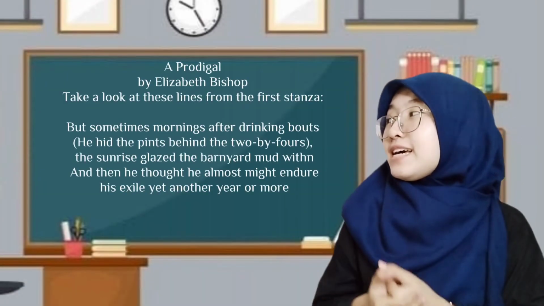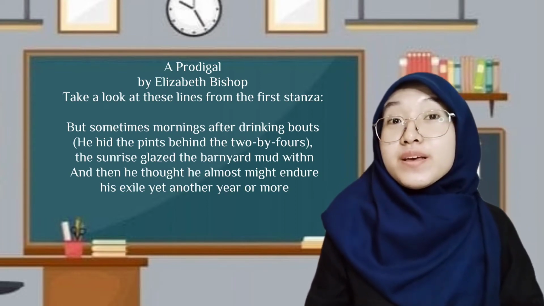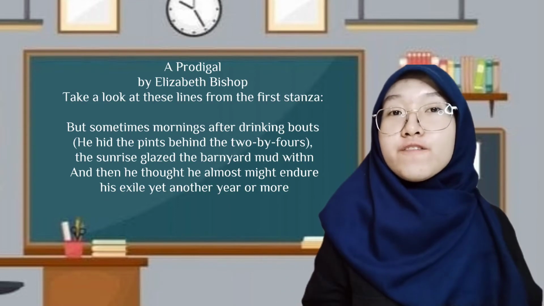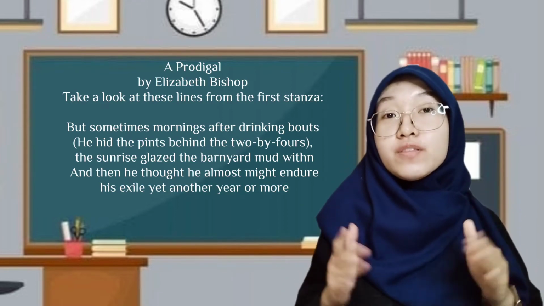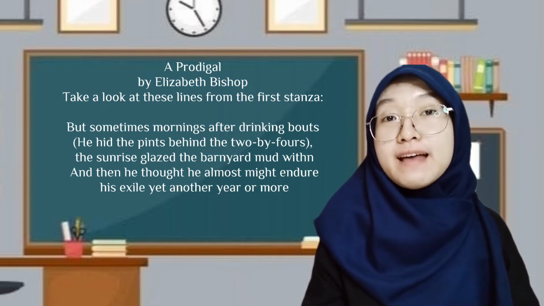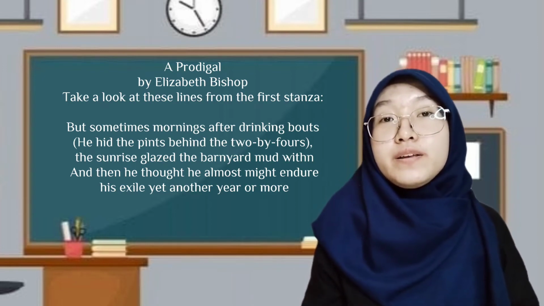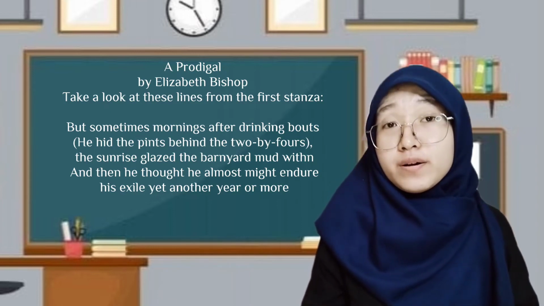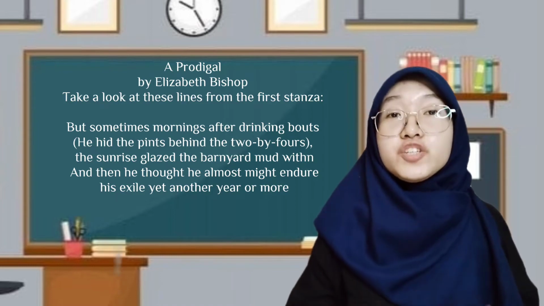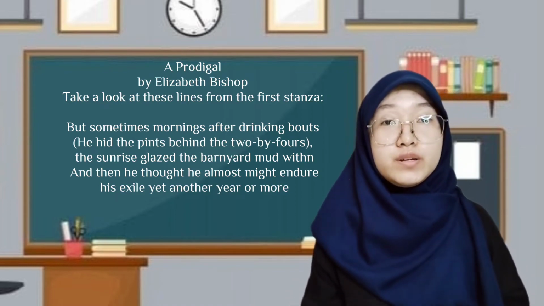Okay, here is an example of this figurative language. In these lines, he is recovering from another bout of drinking and looking out of his hovel at the sunrise as it glazed the barnyard mud with red. These burning puddles were reassuring at a time when nothing felt right or good.